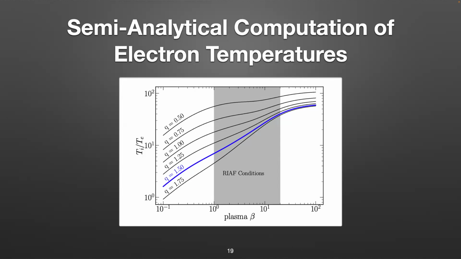You can still infer what the impacts of the subgrid global scale current would be on the ion and the electron temperatures, which eventually lead to the radiation, and this is what it looks like.